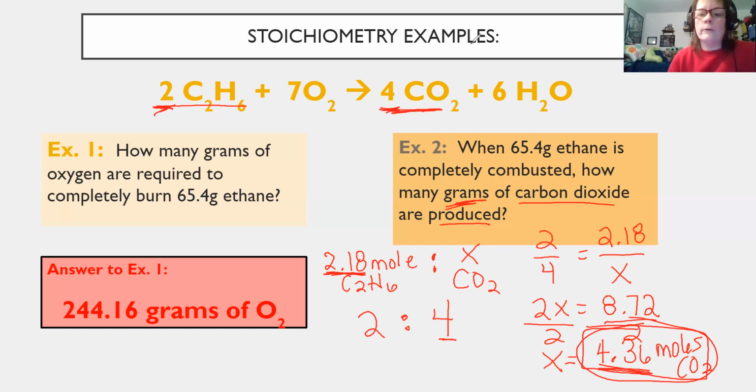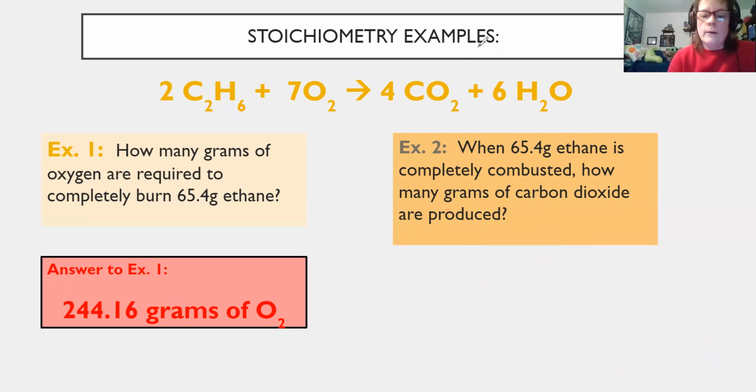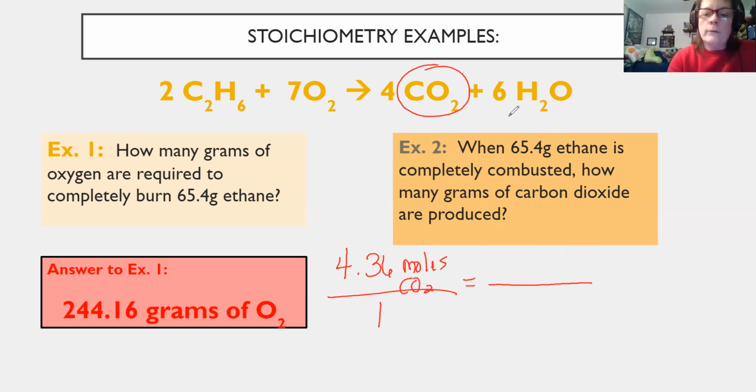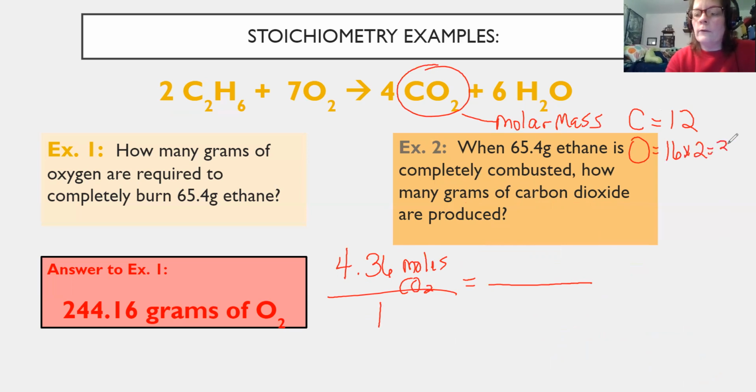Let me clear this screen. We know we have 4.36 moles of CO2. Now we have to figure out the molar mass of CO2. Carbon is 12, that's the atomic mass, and then we have 2 oxygens, so 16 times 2 is 32.